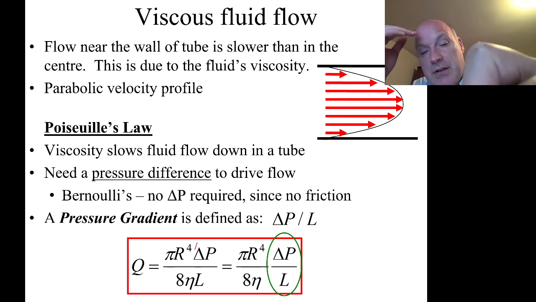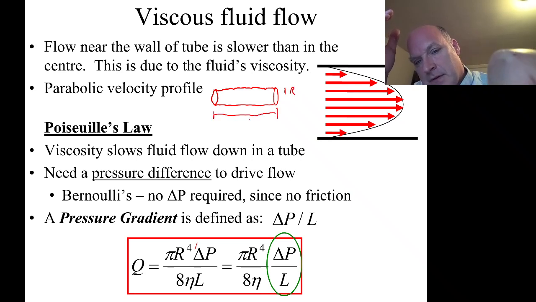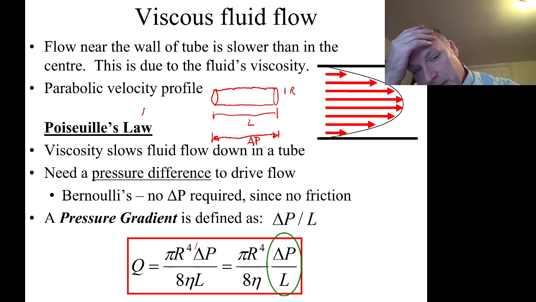Okay, so now how are we going to use this? So we have a tube. It's going to be a horizontal tube, always. We're not going up and down, anything like that. It's going to have a radius R. It's going to have a length L. There's going to be a difference in pressure as well from one end to the other, delta P. So delta P is equal to P in minus P out.